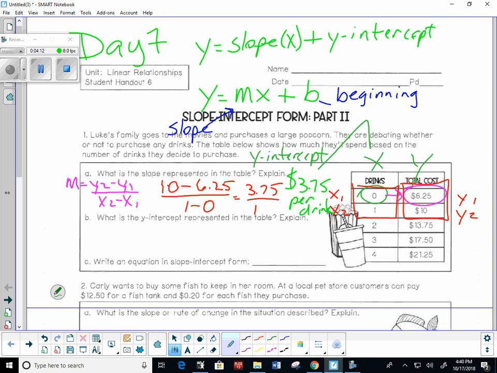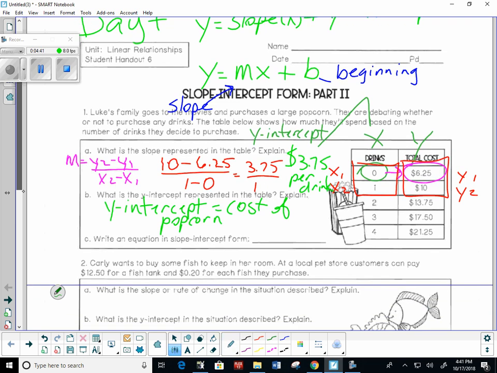The y-intercept is what represents what, guys? The cost of what? What was the one thing that they bought? First thing. And it was the cost of the popcorn. That was the one-time thing. It happened once. They chose one bag of popcorn.